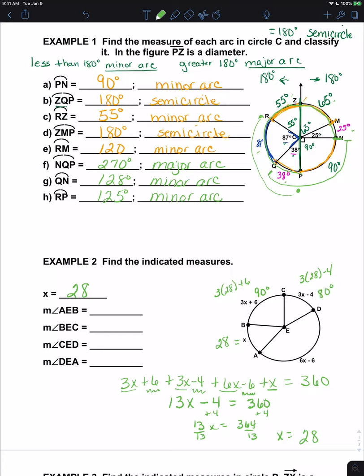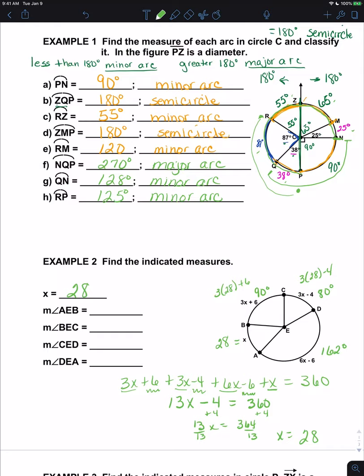So this C to D is 80 degrees. 6x minus 6, so 6 times 28 minus 6, gives us 162 degrees. So that arc from A to D is 162. And if we add all that up, we should end up with 360.